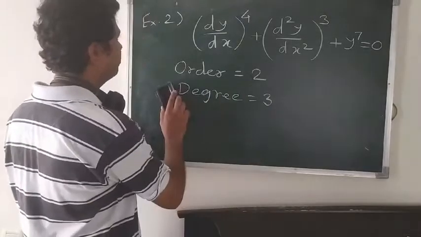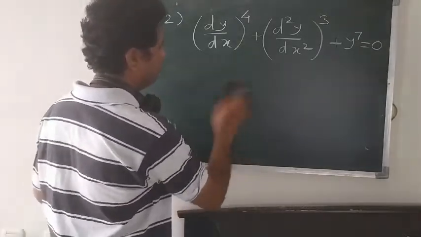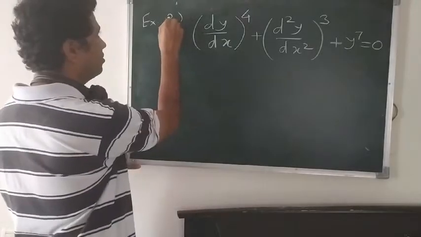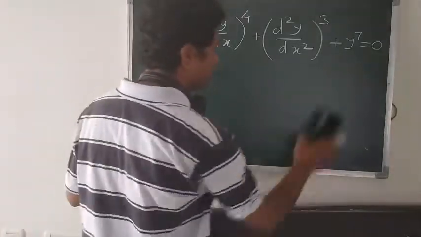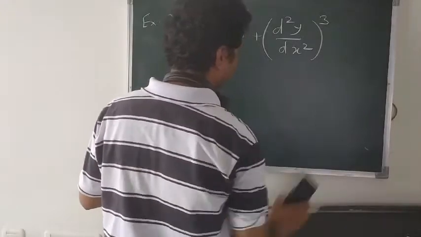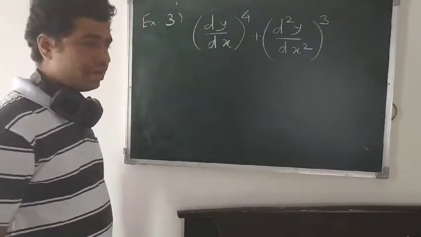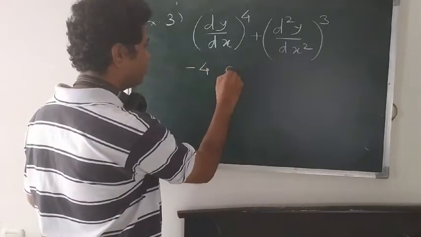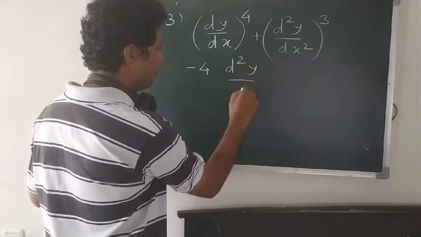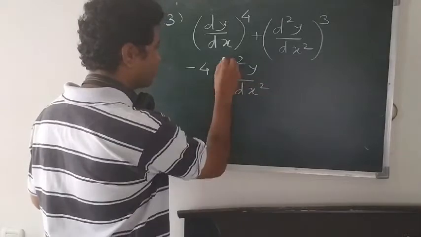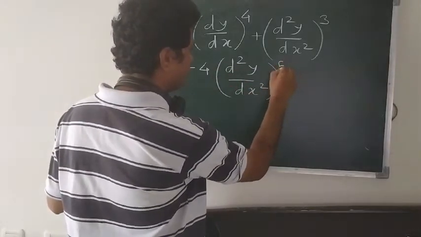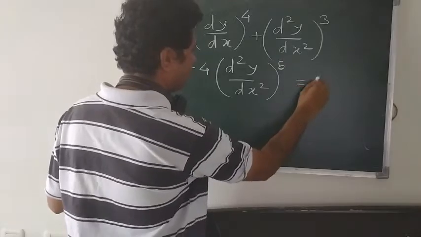Next example. Example 3. If we consider another term, say minus 4 times (d2y by dx square) raised to 5 equal to 0.